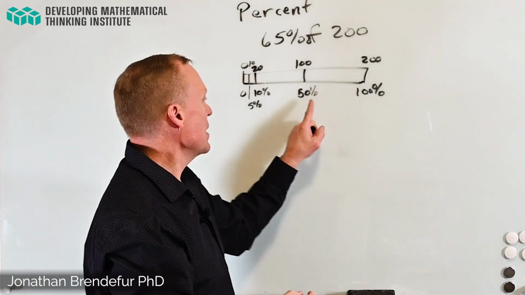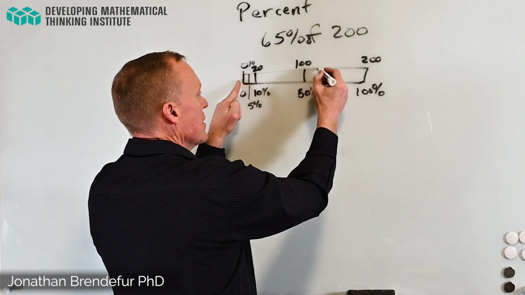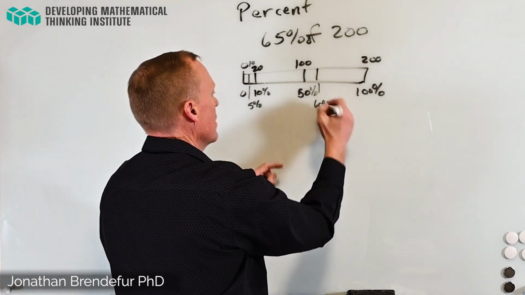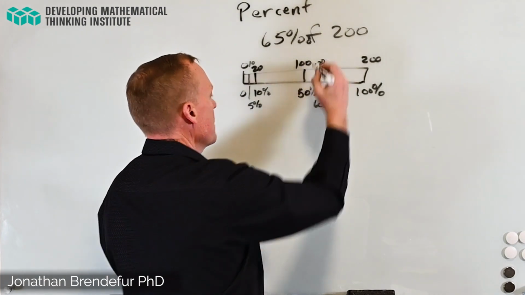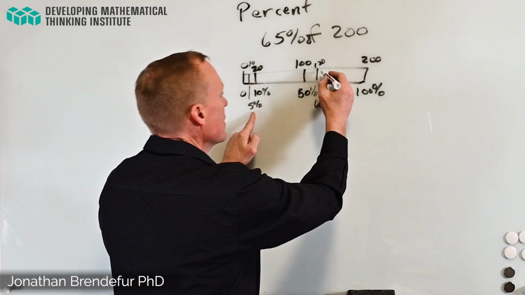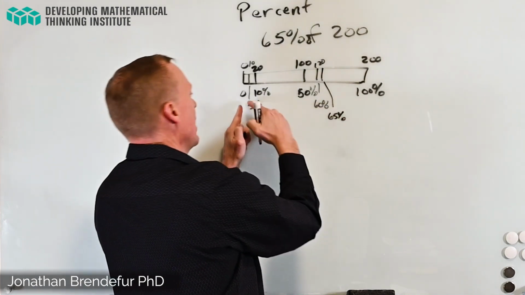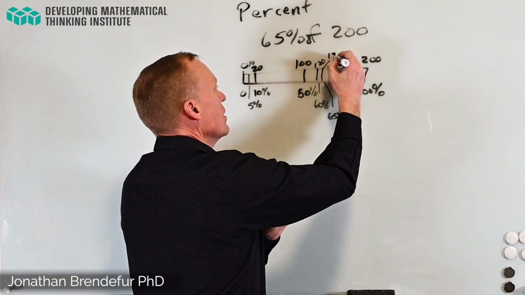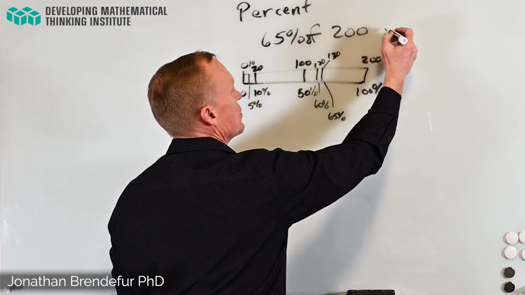So that's going to allow me now to take 50%, which is 100, take 10%, which gets me to 60%, and that's 20 here, so it's 120, and then I have 5 more percent, so that there is 65%, and that 5% is 10, added on to the 120, which is 130.